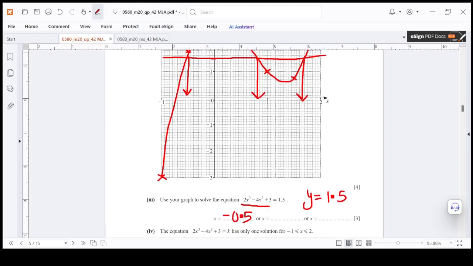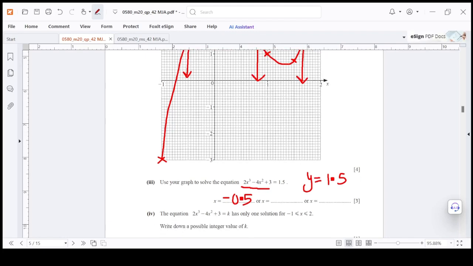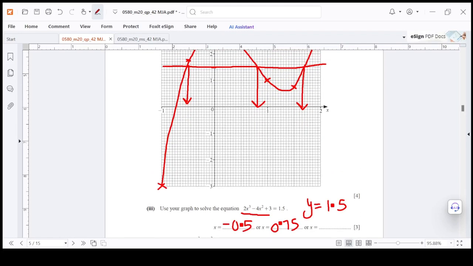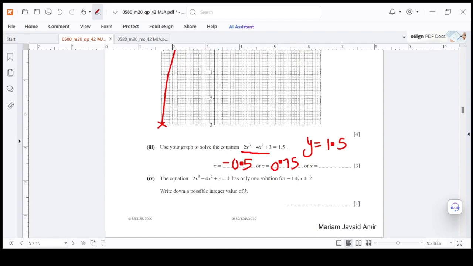And for the second one, I am getting around 0.75. And for the last one, I am getting 1 point, this is 1, 2, 3, 4, 5. This is 1.5, 1.6, and around 1.7.